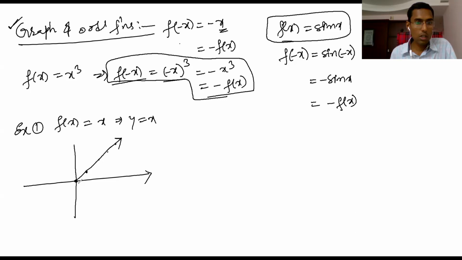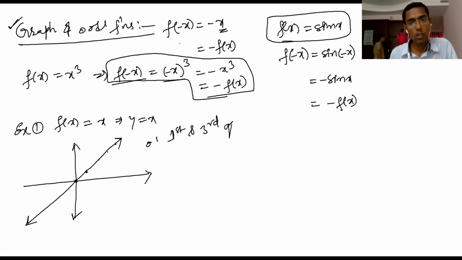It will come in the first quadrant and third quadrant. So the odd function graph always comes in the first and third quadrants.